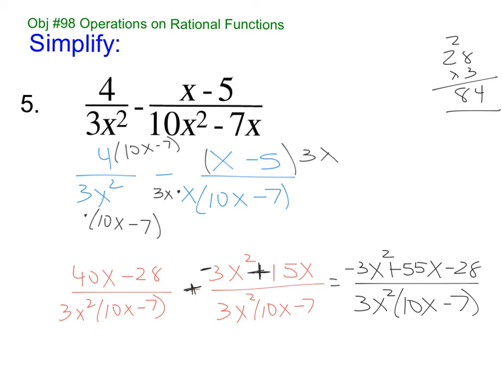And then what's everything that multiplies to 84? 1 times 84, 2 times 42, 3 times 28, 4 times 21, 5, 6 times 14, 7 times 12, 8, 9, 10. So none of those will give you 55 through subtraction.